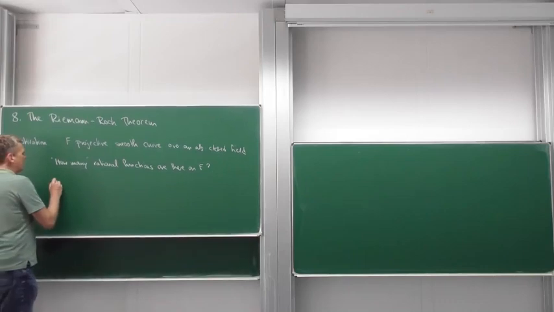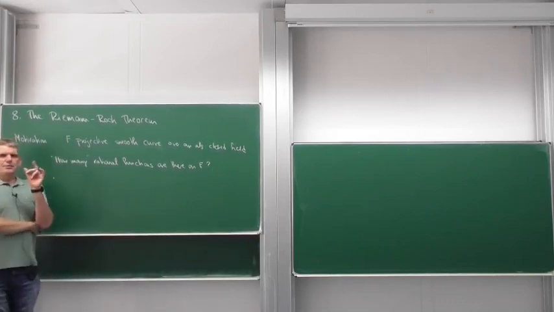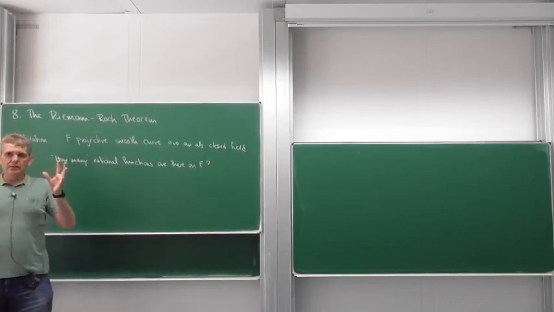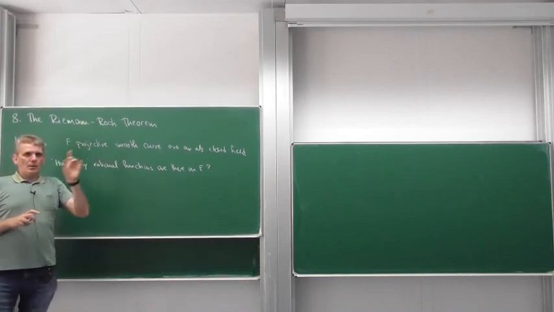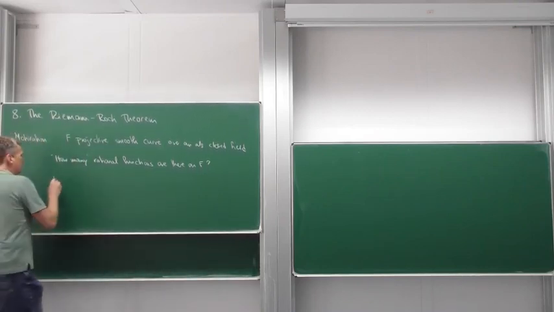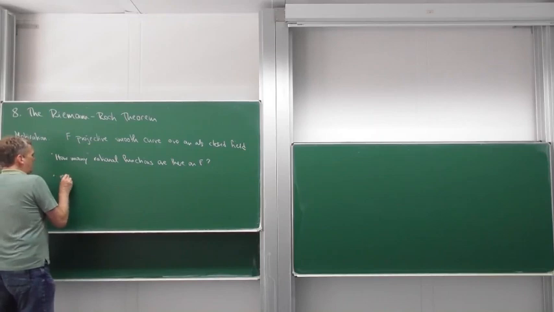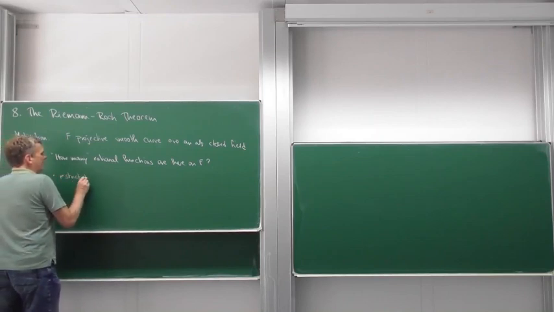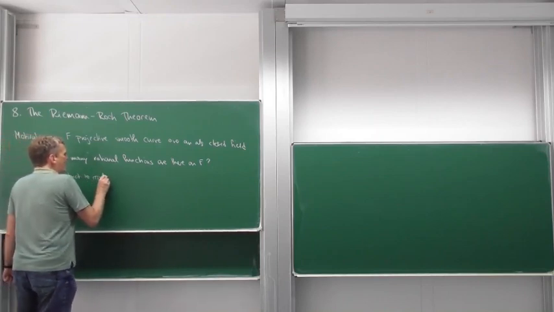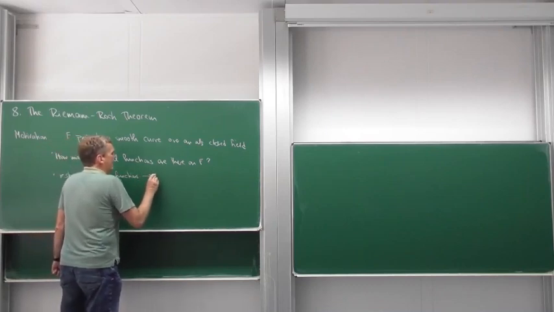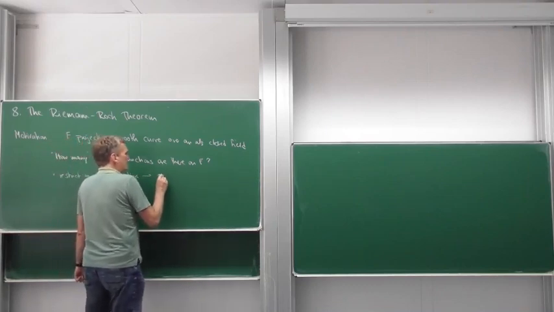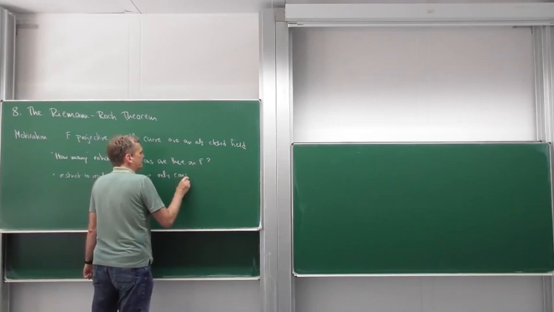So there's two extremes, I guess, that we know already. First of all, if we restrict even to regular functions, then we had seen that on a projective curve, the only regular functions are constant. So if we restrict to regular functions, then the result is sort of boring because we get only constants.